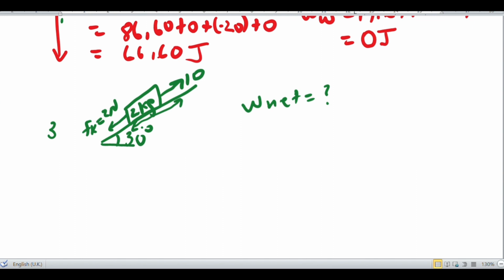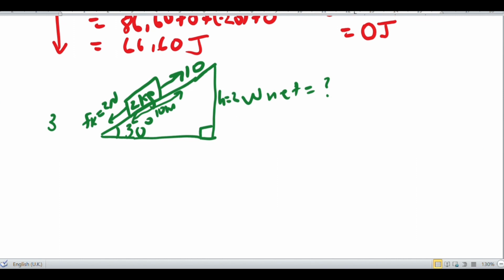We have this triangle, with delta x here, which was 10 meters. Here we also need the height. The height is what we need first, and after we have the height, everything is going to be simple.